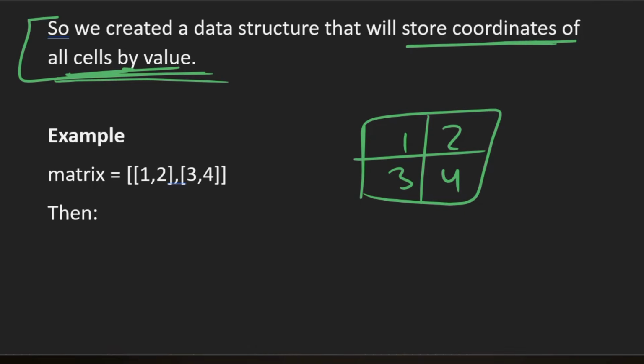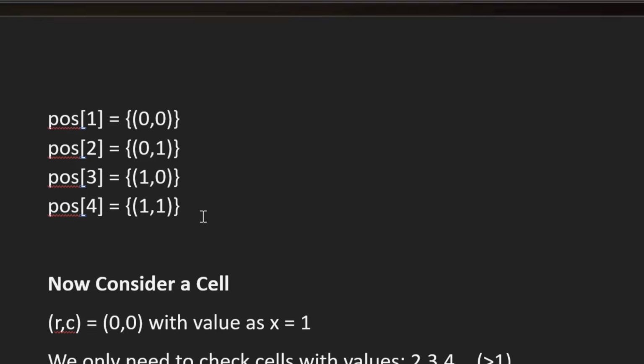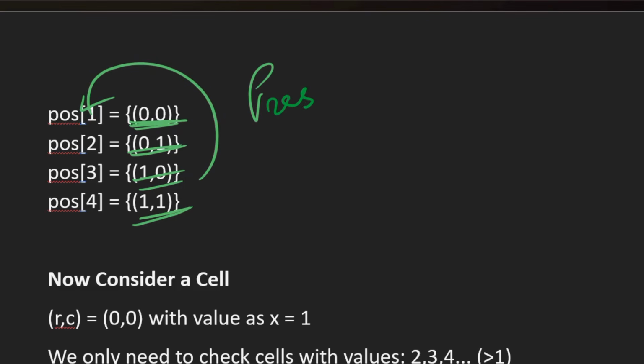Now for value 1, what are the coordinates? 0 0. For value 2, we store all the coordinates where value 2 is present. So value 2 is present at 0 comma 1. Similarly, for all the values, we store all the coordinates where that particular value is present.